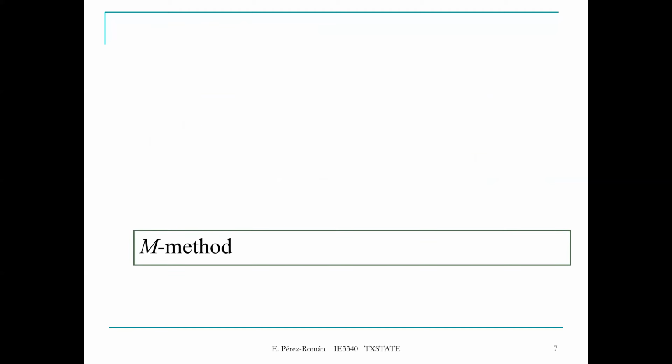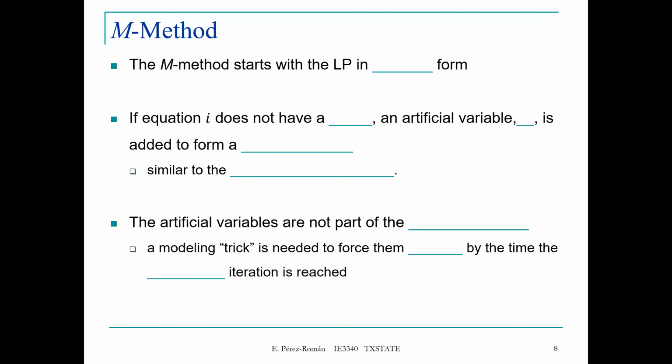So let's talk about the first method, which is called the M method. The M method starts with the linear program in equation form. If equation i does not have a slack variable, an artificial variable Ri is added to form a starting solution, similar to the all-slack basic solution.